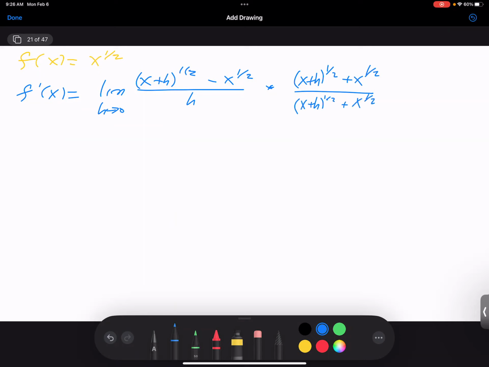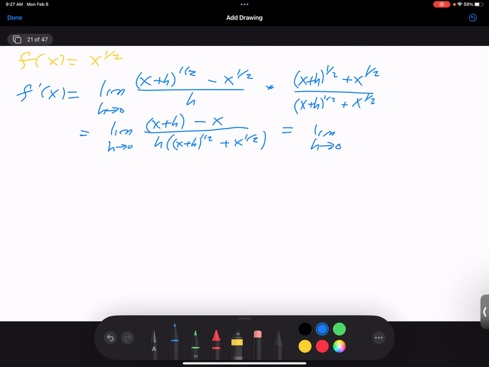And if I do that, I now get the limit as h goes to 0 of x plus h minus x over h times (x plus h)^(1/2) plus x^(1/2). So this is going to be the limit as h goes to 0.